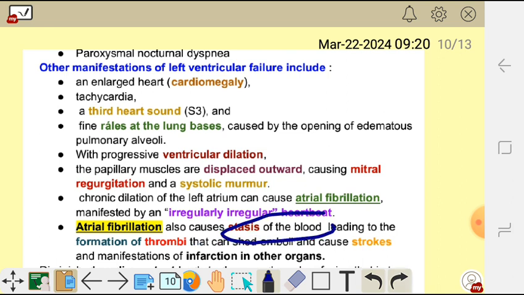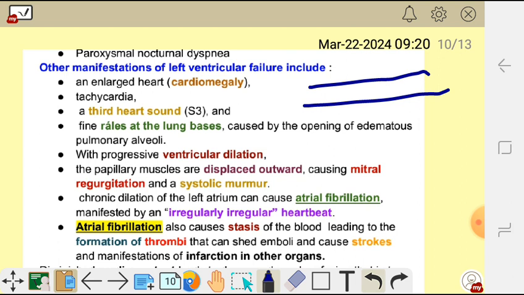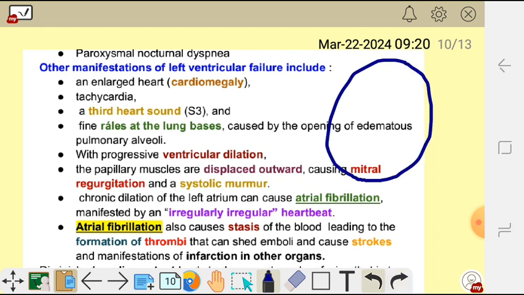So blood will become stagnant, and once blood becomes stagnant, we know that a thrombus can be formed there. In the atria, if we have stasis, blood is not moving properly there, we can have formation of a thrombus on the wall of the left atria.